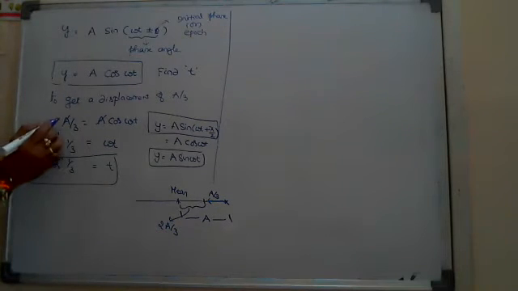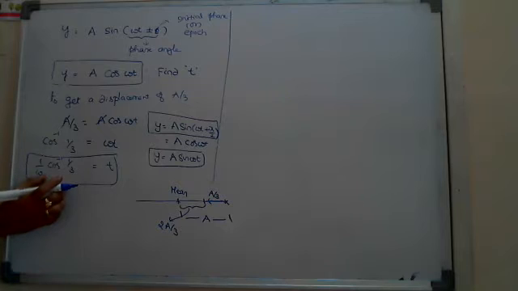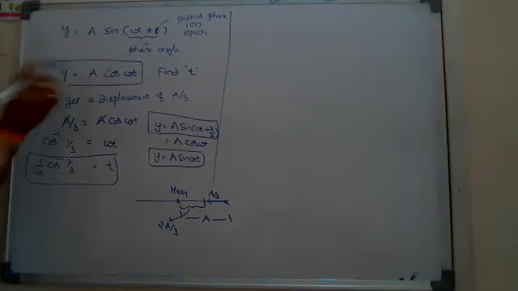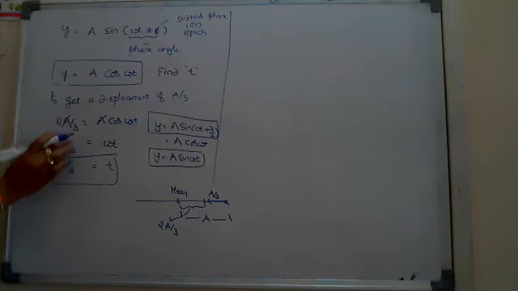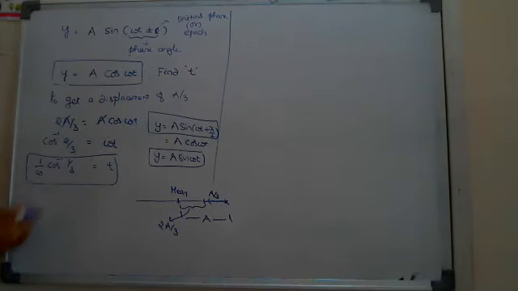That's why if you substitute a by 3 here, you will get a wrong answer. We have to substitute 2a by 3, then you get cos omega t equal to 2 by 3. Then the answer is not cos inverse 1 by 3, it is 1 by omega into cos inverse 2 by 3.